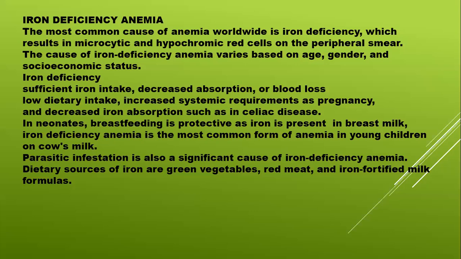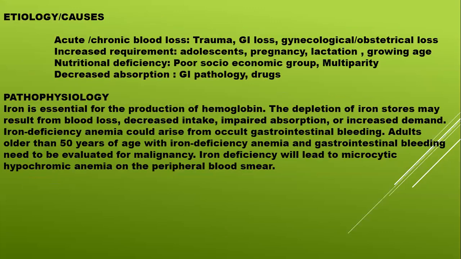In neonates, breastfeeding is protective as iron is present in the breast milk, but iron deficiency anemia is the most common form of anemia in young children on cow's milk. Parasitic infestation is also a significant cause of iron deficiency anemia. And the dietary sources of iron are green vegetables, red meat, and iron fortified milk.